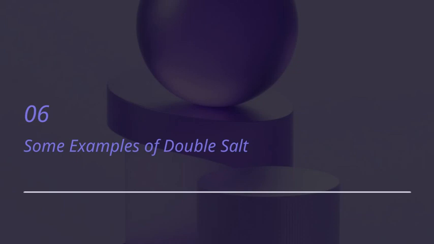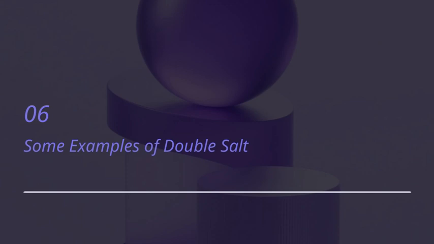Now, let's look at some examples of double salts. These compounds are interesting because they contain two different types of salts combined within a single crystalline structure. They typically form when two salts crystallize together from a solution without reacting chemically with each other.